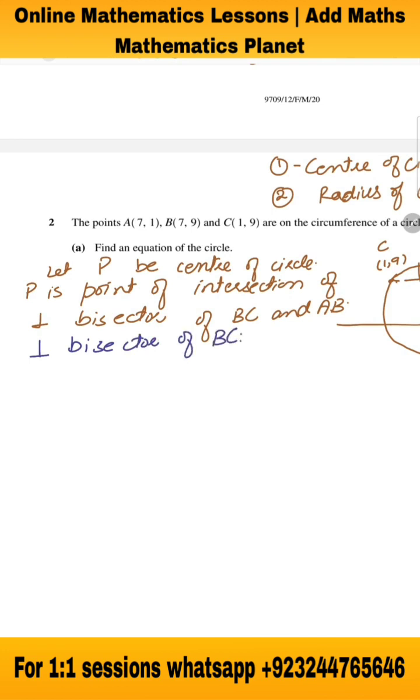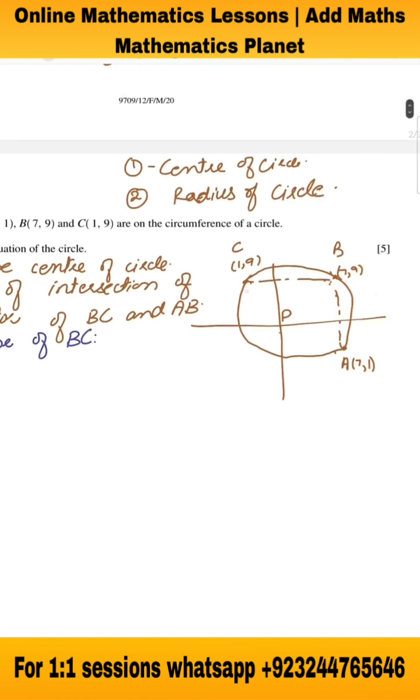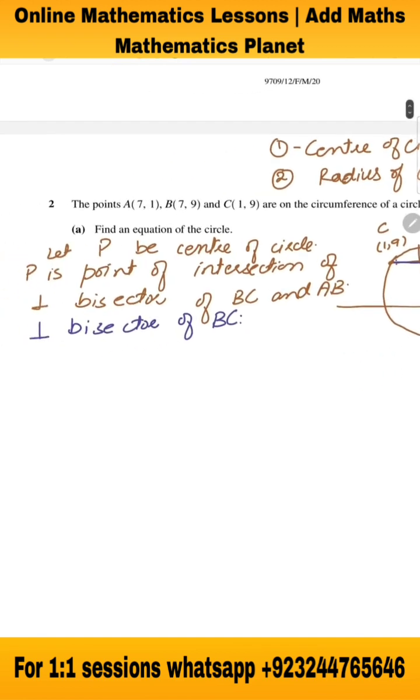Okay, so BC is horizontal. Why is it horizontal? Because its perpendicular bisector is vertical. BC is horizontal because its perpendicular bisector is vertical.